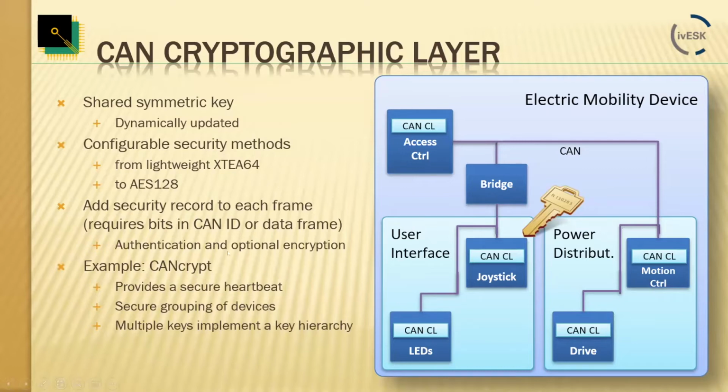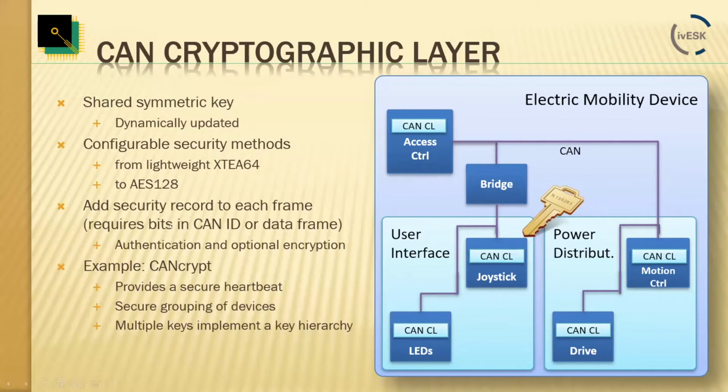It always needs to be a compromise somewhere of how much data we can sacrifice, so to speak, for the security information. And this can go down as low as, I have seen custom implementations where a single data byte is used in a classical CAN message to have some signature data.